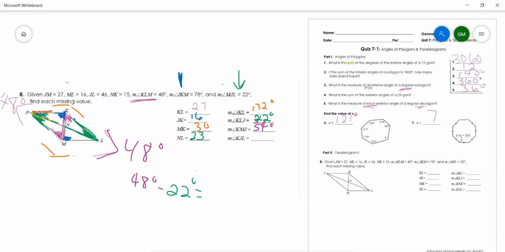And so 48 minus 22, 8 minus 2 is 6, and 4 minus 2 is 2, so that's going to be a 26 degree angle. I don't know what that's doing, but who cares? All right, so that's 26 degrees. Well, 26 degrees. All right.